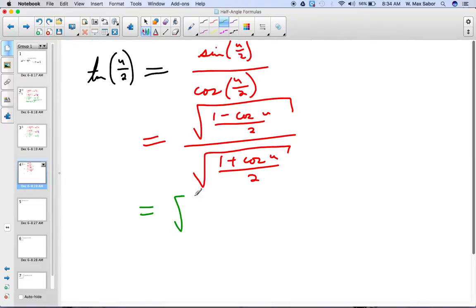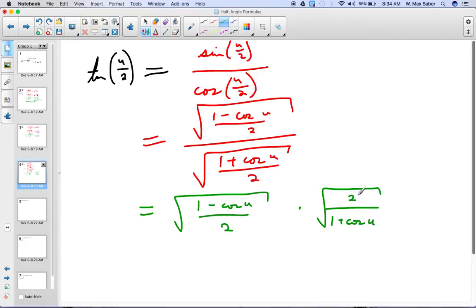If we rewrite this division, we have 1 minus cosine of u over 2 times 2 over 1 plus cosine of u. The 2's cancel out, and we're left with the square root of 1 minus cosine of u over 1 plus the cosine of u.